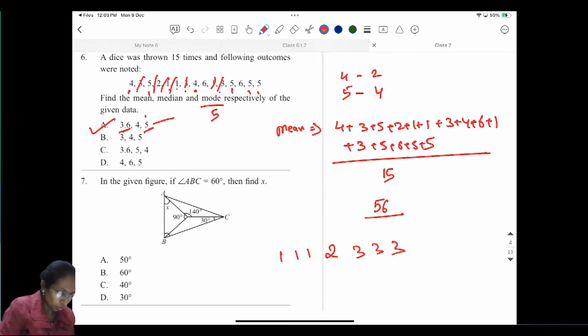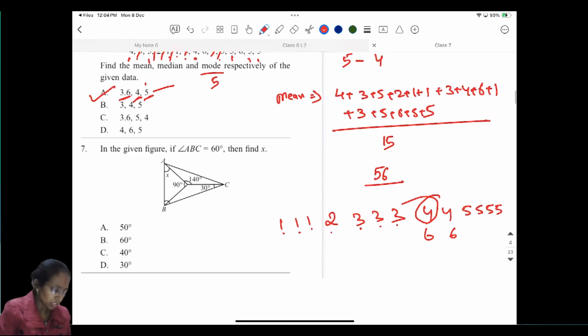So now 4. 4 is 2 times. And 5. 5 is 4 times. And 6 is again 2 times. So the middle observation out of the 15, the middle one will be the 8th one. So first, second, third, fourth, fifth, sixth, seventh, eighth. That means your median is 4.